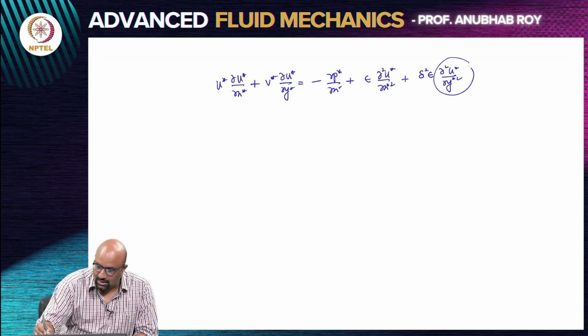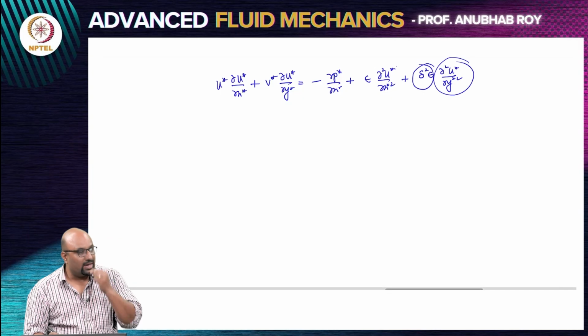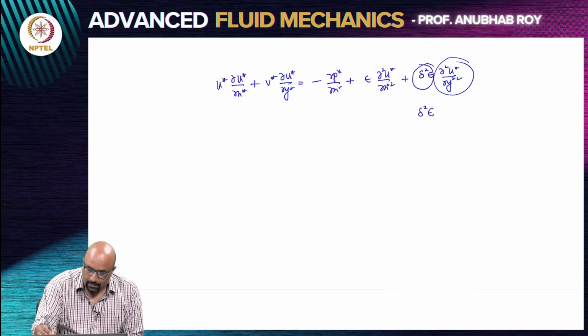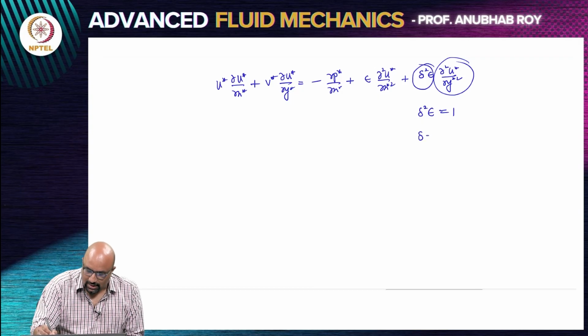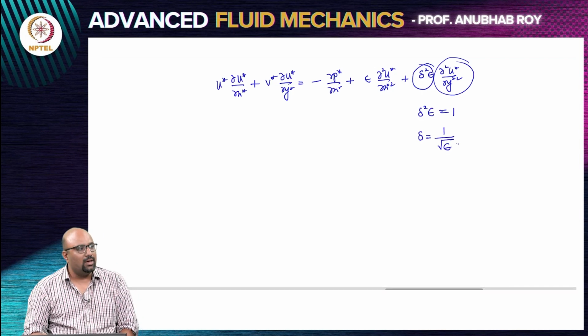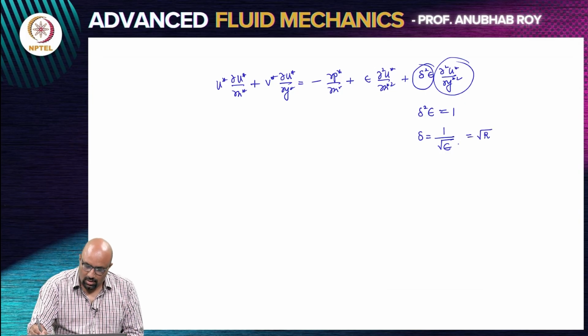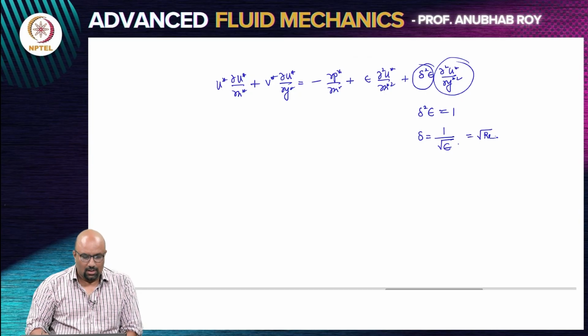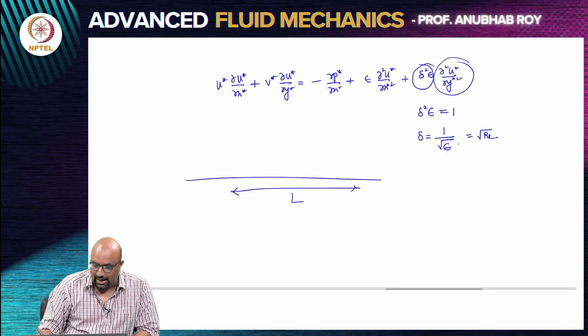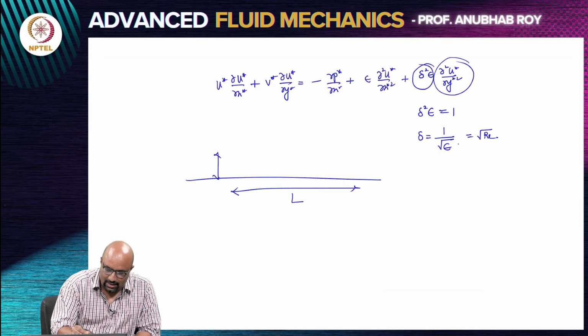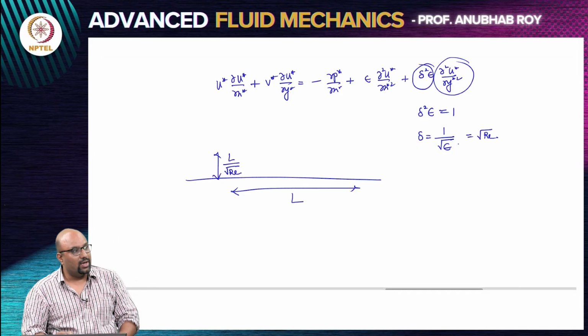So for the viscous term to be there, this term delta square epsilon should be 1, which means that that factor in the vertical direction will scale as 1 by root epsilon or root Reynolds number. So the final conclusion is you have a length scale here which is L and a length scale in the vertical direction which is L by square root Reynolds number.